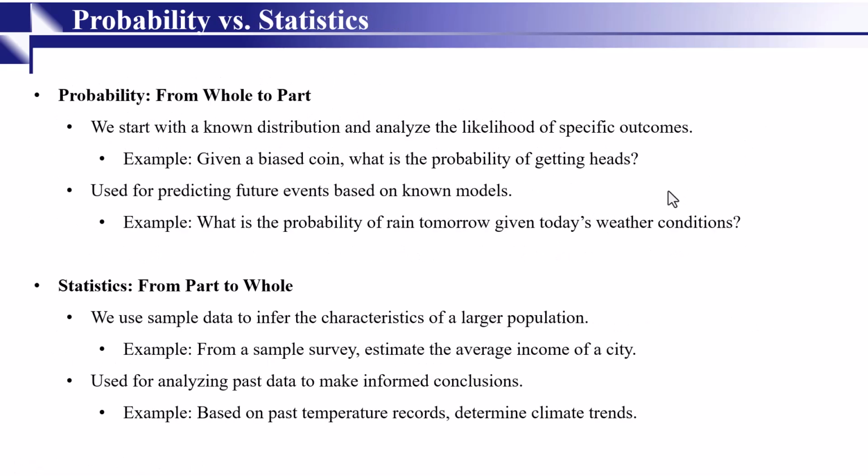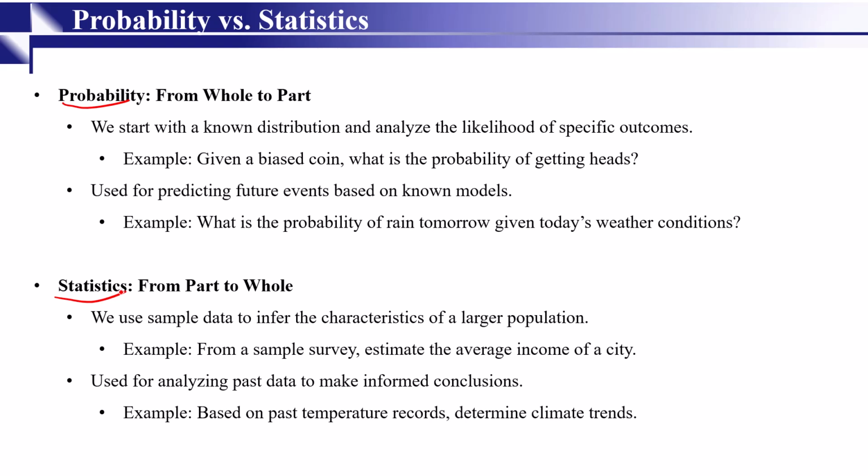But there is one question. What is the difference between probability and statistics? Probability and statistics are closely related, but they are fundamentally different in their approach. Probability starts with a known theoretical distribution and predicts specific values. However, statistics begins with observed data and works backward to infer the overall distribution.